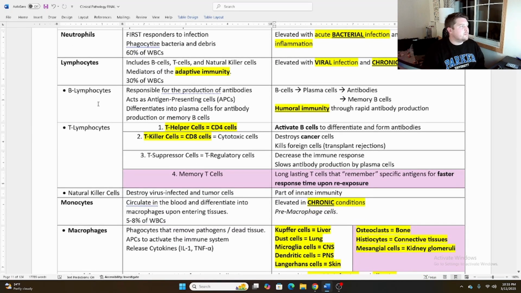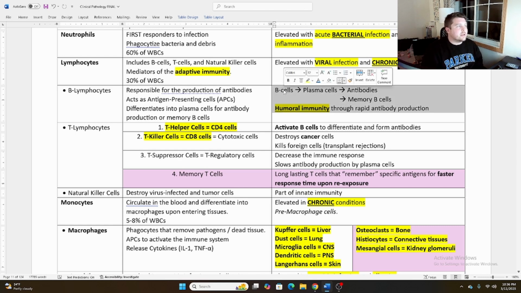There are three main types of lymphocytes. We have B lymphocytes. The B stands for bones. T lymphocytes. The T stands for the thymus. And then we have natural killer cells. B lymphocytes are part of our humoral immunity. Humoral means blood, so it's part of our blood immunity.